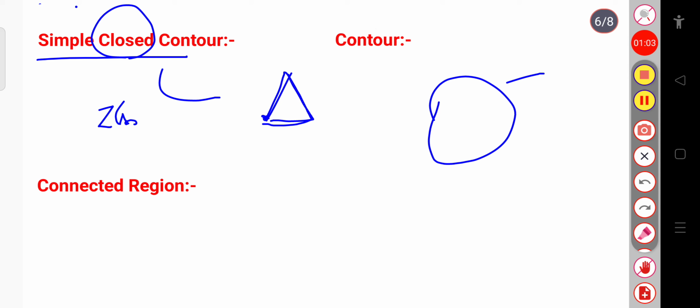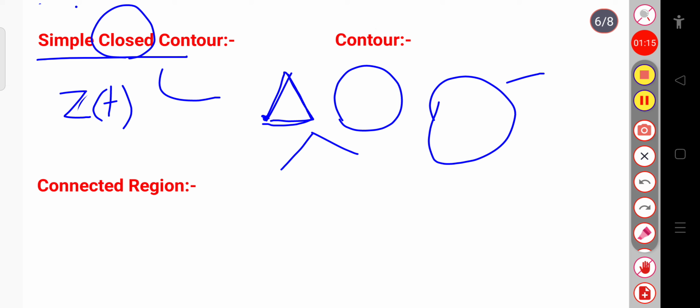It may be of any shape, triangle, circle, square, hexagon, pentagon, polygon, whatever it may be, but the condition is that the initial and the final values must coincide.